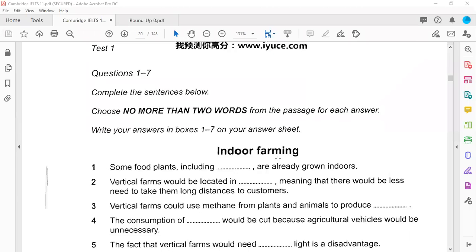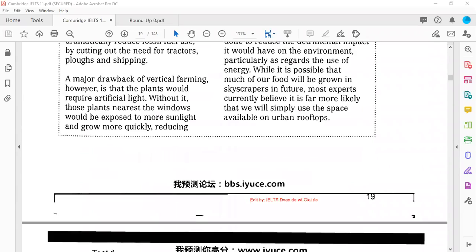Okay, very important not to get stuck on one. Not to get stuck on one. Vertical farms would be located where? Meaning that there would be less need to take them long distances to customers.